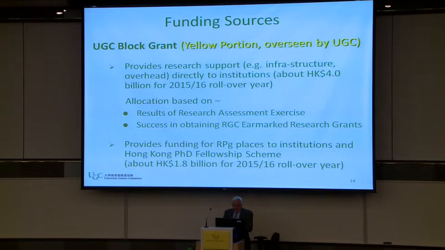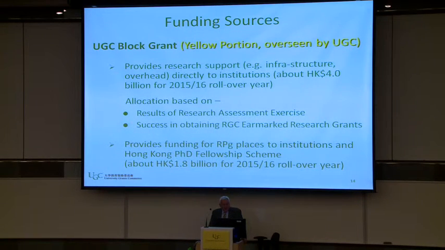So, to describe what the yellow portion overseen by UGC, that 65%, covers, it provides the infrastructure directly to institutions, which covers the overheads. It's about $4 billion in the 2015-16 rollover year. That proportion is driven by what we call 2 separate engines.